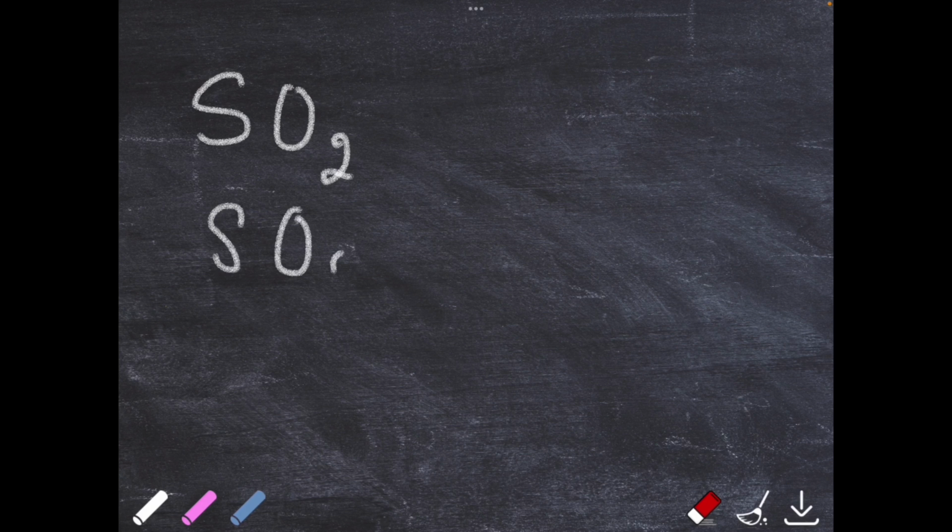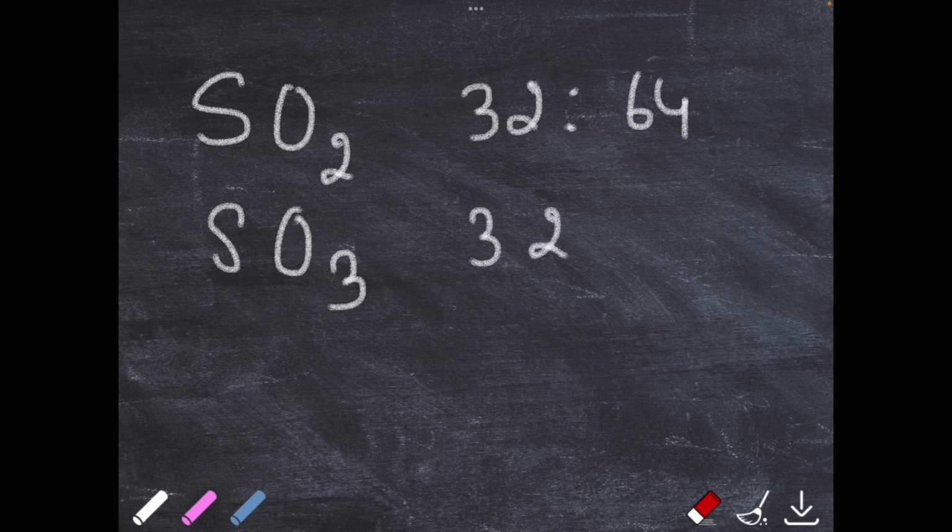Let's look at one more example. Sulfur dioxide and sulfur trioxide. You have 32 grams of sulfur here combining with 64 grams of oxygen. In the same way, you have 32 grams of sulfur here combining with 48 grams of oxygen. Now the amount of sulfur is the same in both of them.